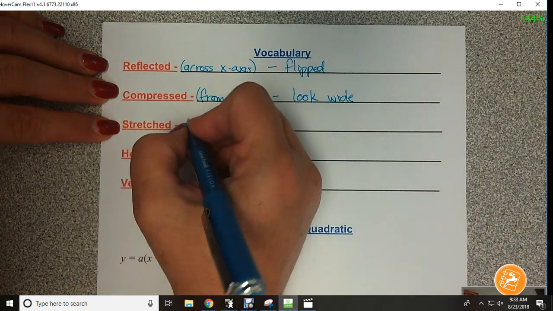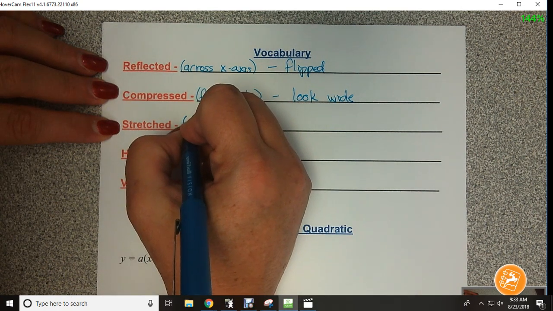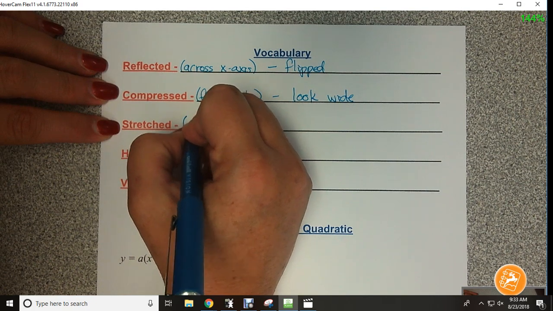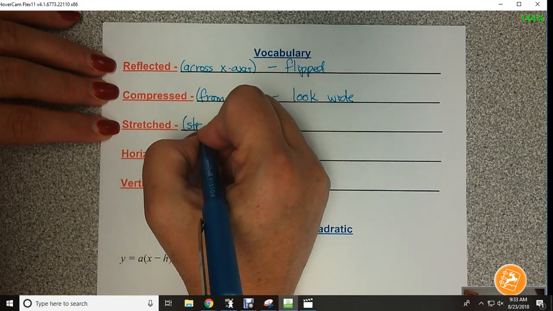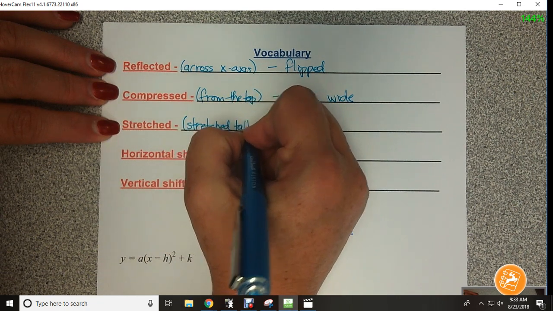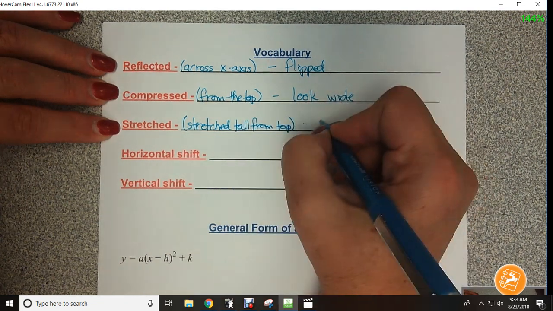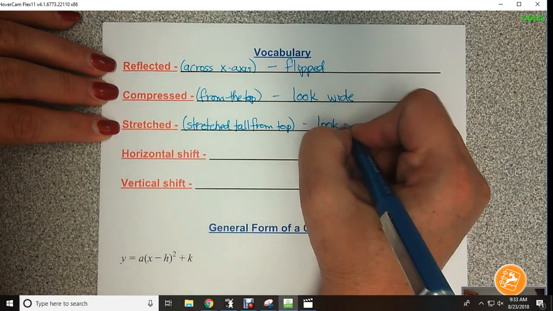Stretched, remember that is stretched tall. That is stretched tall from the top. And that looks skinny.